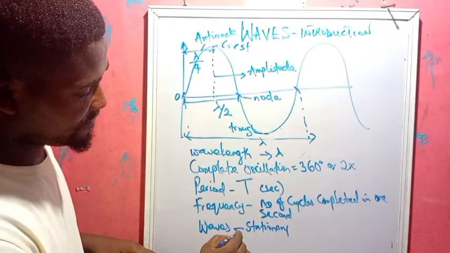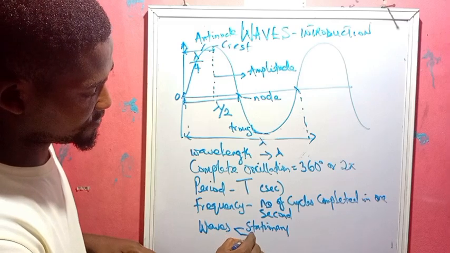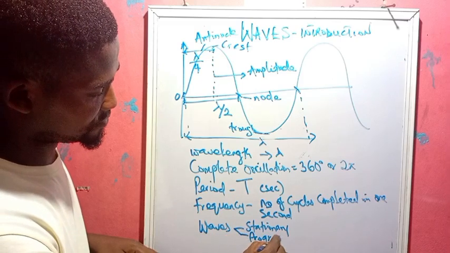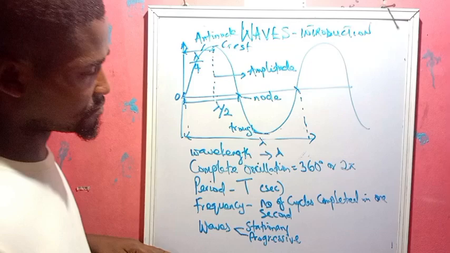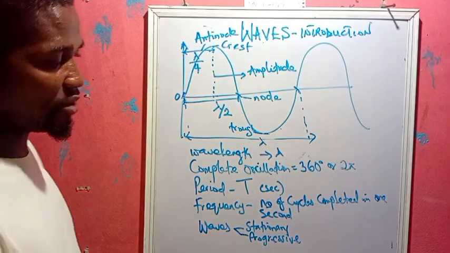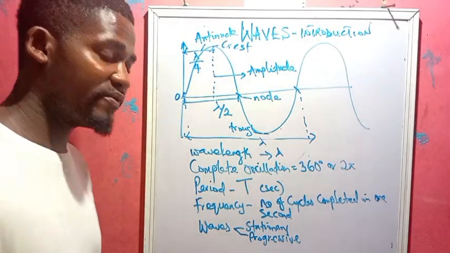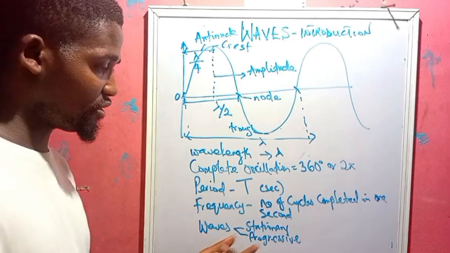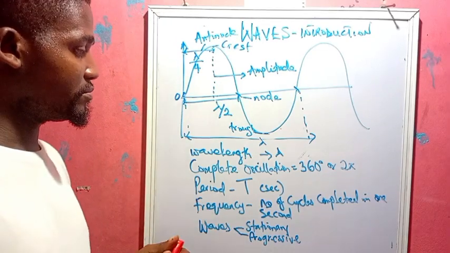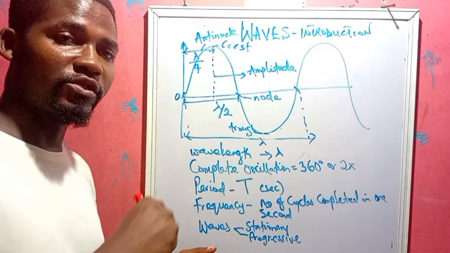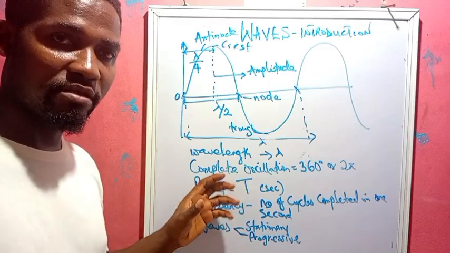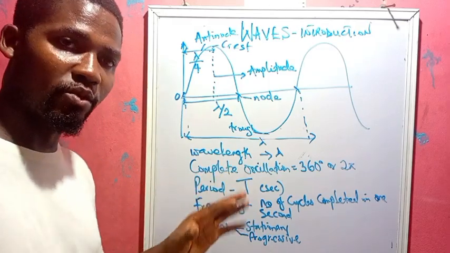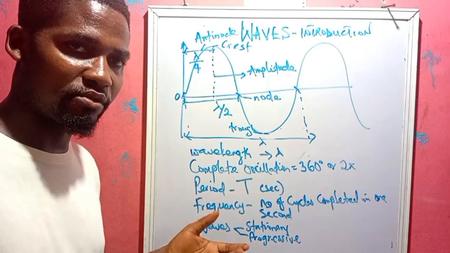A wave can also be progressive. A progressive wave transfers energy from one part of the medium to another part. But a stationary wave can have waves traveling in opposite directions, moving with equal frequency and strength.